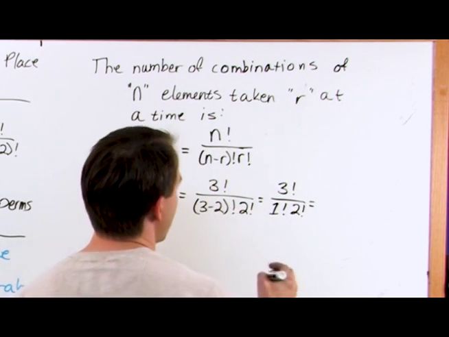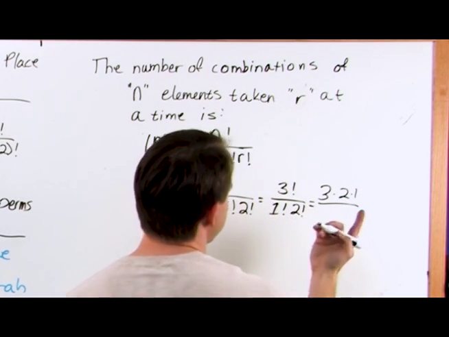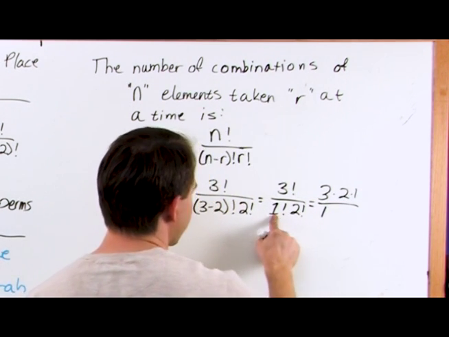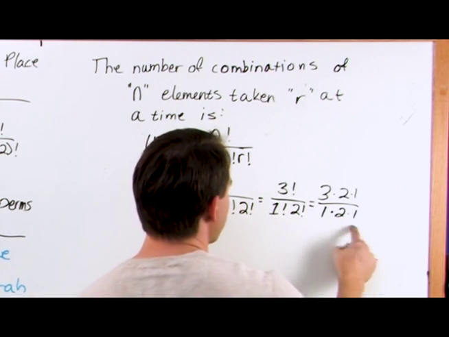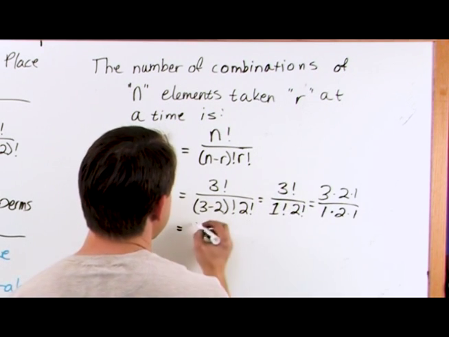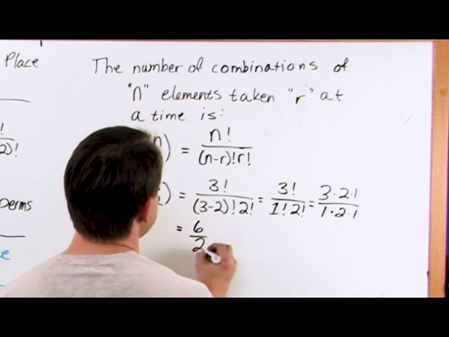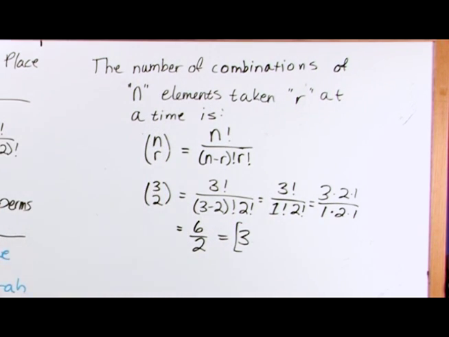On the top you're going to have 3 times 2 times 1, and on the bottom 1 factorial is 1, and 2 factorial is 2 times 1. So you're going to have 2 on the bottom. 3 times 2 is 6 on the top, 2 on the bottom, and so the answer is going to be 3. 3 different combinations. And look, we just calculated there's 3 different ways to order these people to go off on their trip.